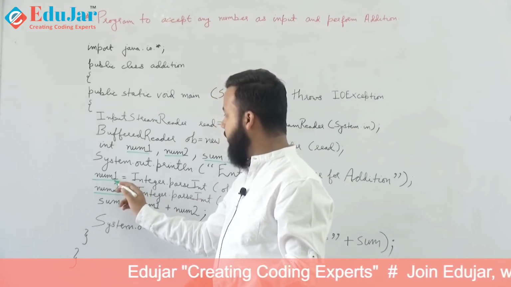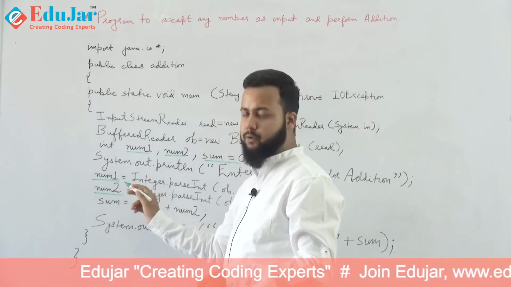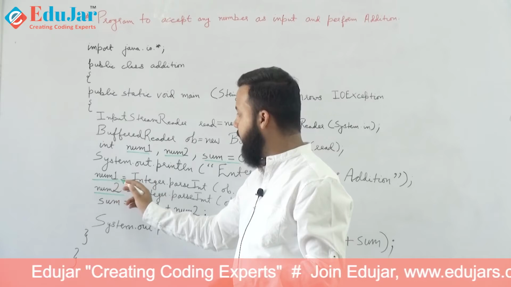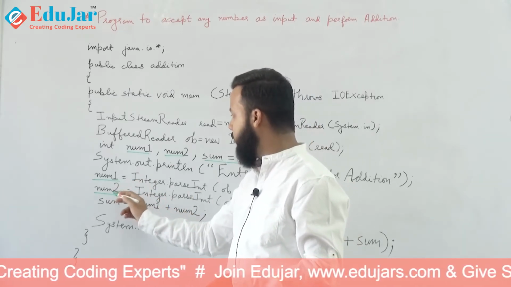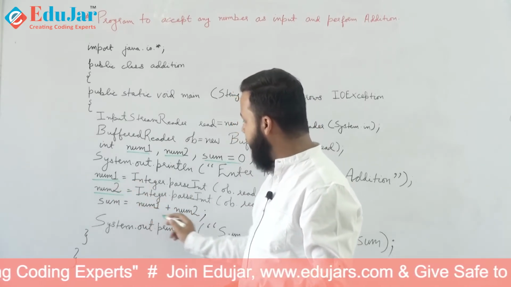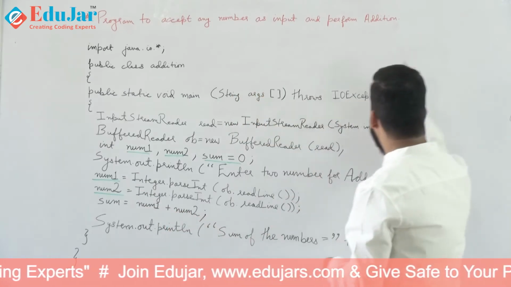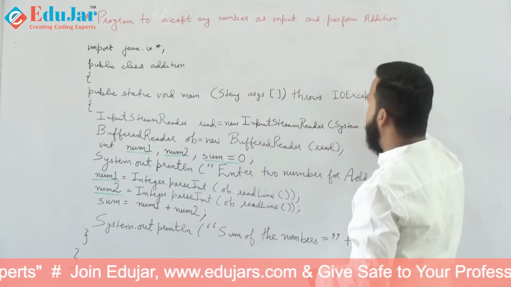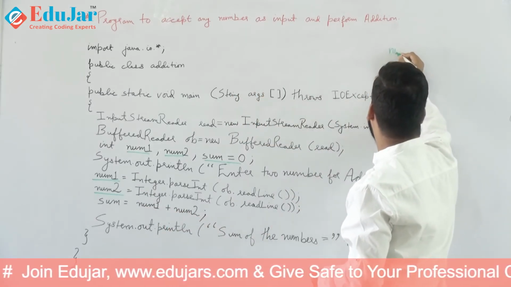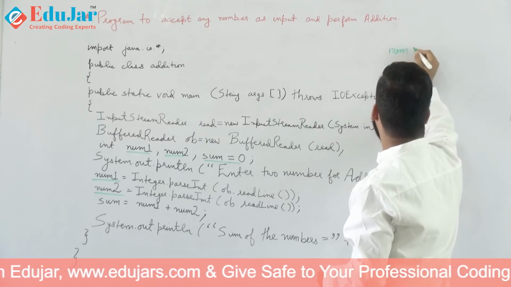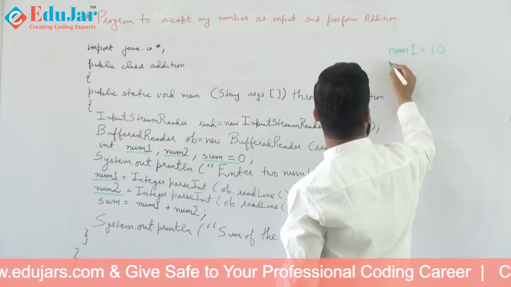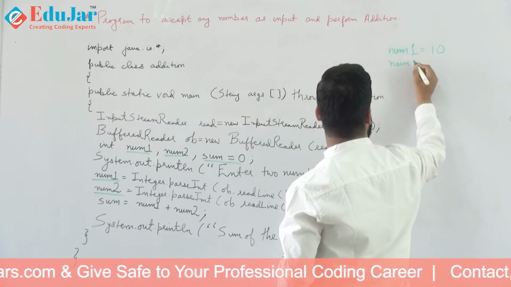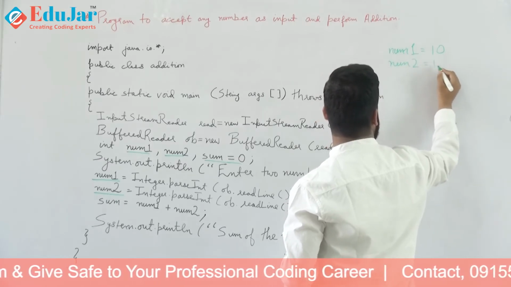The first number which we have accepted from the user will be stored in num1. The second number that we have accepted from the user will be stored in num2, and then we will add this. Suppose the user has entered the first number in num1, let it be 10, and the second number the user has entered is 15.